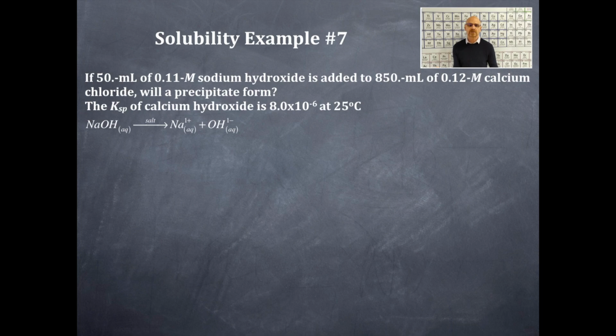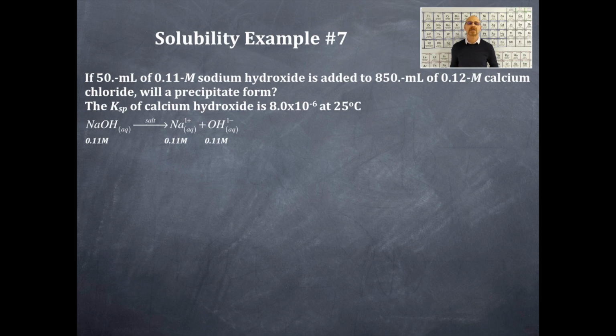The sodium hydroxide is not really a salt, but it is a strong base, and it has sodium ion in it, so we call it a salt for our solubility rules. We have a 0.11 molar sodium hydroxide solution. It will yield a 0.11 molar sodium ion concentration and a 0.11 molar hydroxide ion concentration.